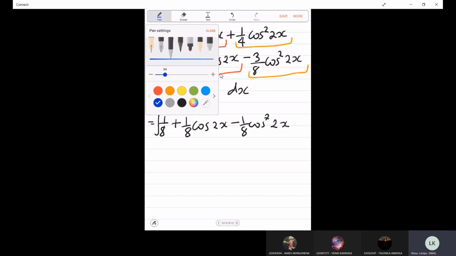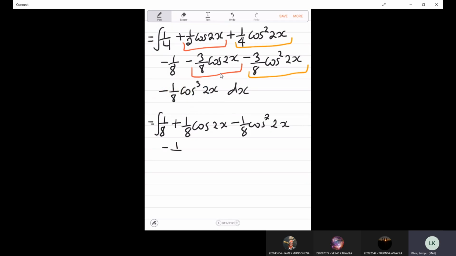Then minus 1/8 cos cubed 2x dx. Let me just check here. Okay, it's fine. Just need to fix this.